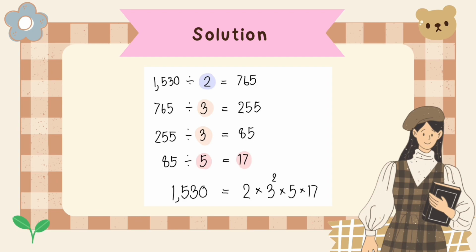If the quotient is a composite number, find a prime factor of the quotient in the same way. 1530 divided by 2 is 765, and 765 divided by 3 is 255, and 255 divided by 3 is 85, and 85 divided by 5 is 17. Therefore, 1530 is 2 times 3 power 2 times 5 times 17.